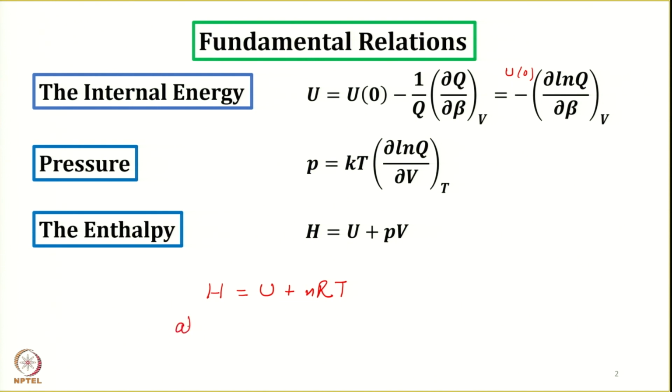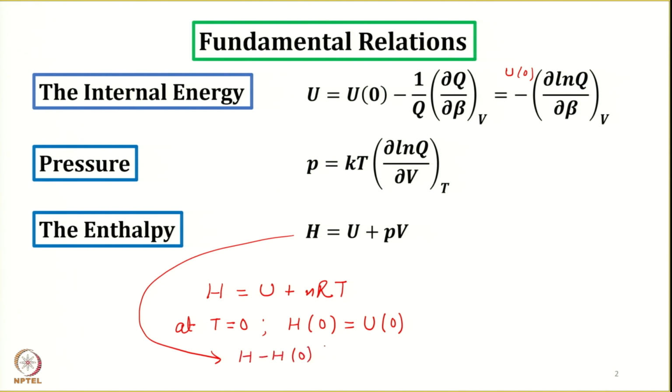So at T equal to 0, I can write H0 is equal to U0. In that case, I can write this equation as H minus H0 is equal to U minus U0 plus PV. What is the advantage of expressing it like this?